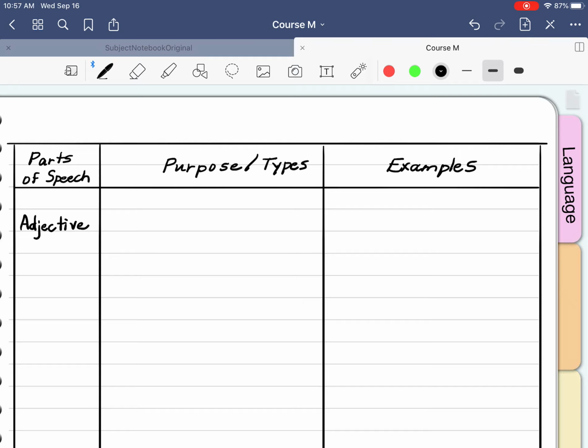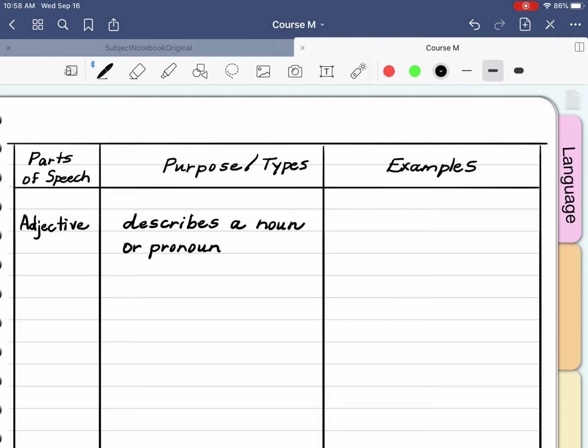The purpose of an adjective is to describe a noun. So adjectives go with nouns or pronouns. Occasionally you have an adjective that describes a pronoun, because remember, pronouns can take the place of nouns.